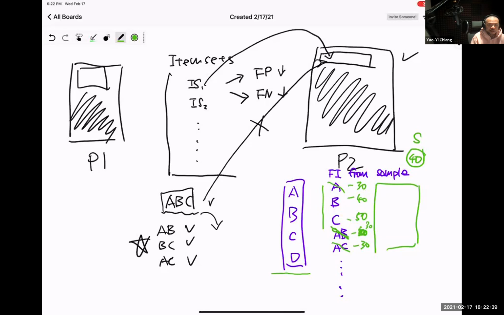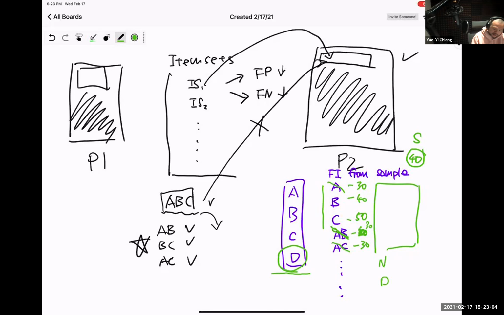Which itemset is not frequent in the sample, but all the immediate subsets are frequent? No, A is frequent in the sample, right? Let's look at single items. Great. D will be in your negative border.